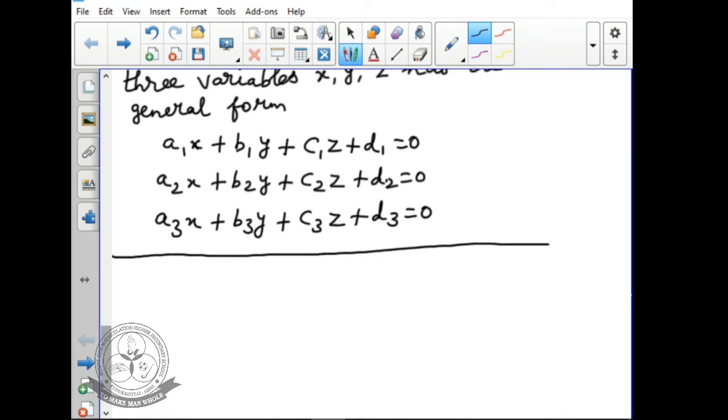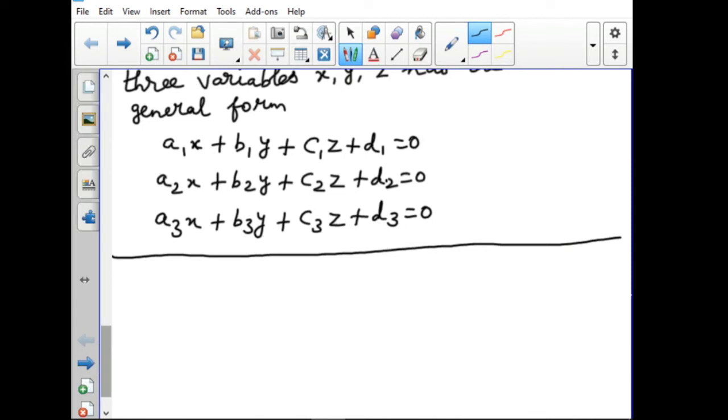Okay, how do we solve the given three equations? Listen to the steps. Like this, three equations will be given. First, we have to select any two equations from the given three. Next, we have to see whether the coefficients are the same or not.